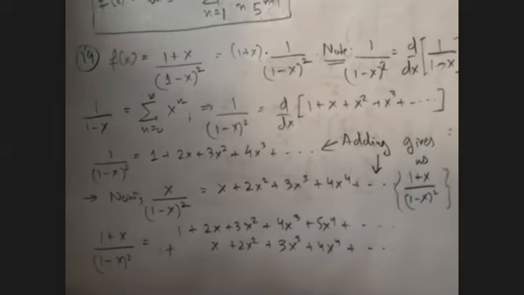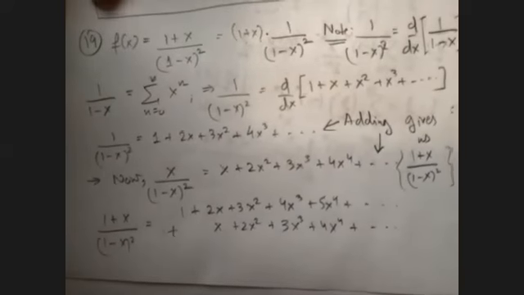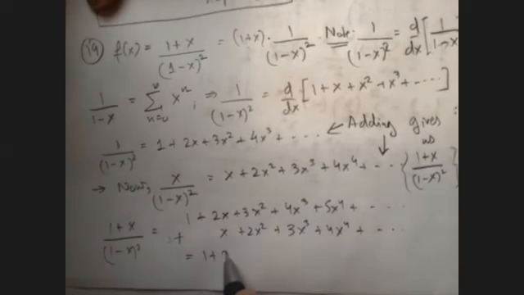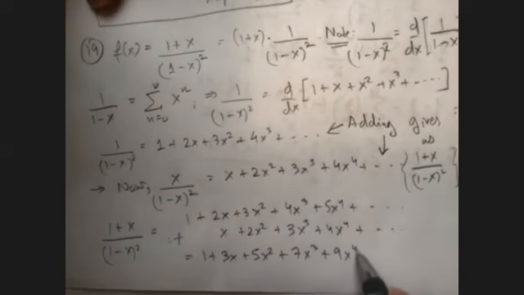So now what we get, if we add, is 1 plus 3x plus 5x squared plus 7x cube plus 9x to the 4.